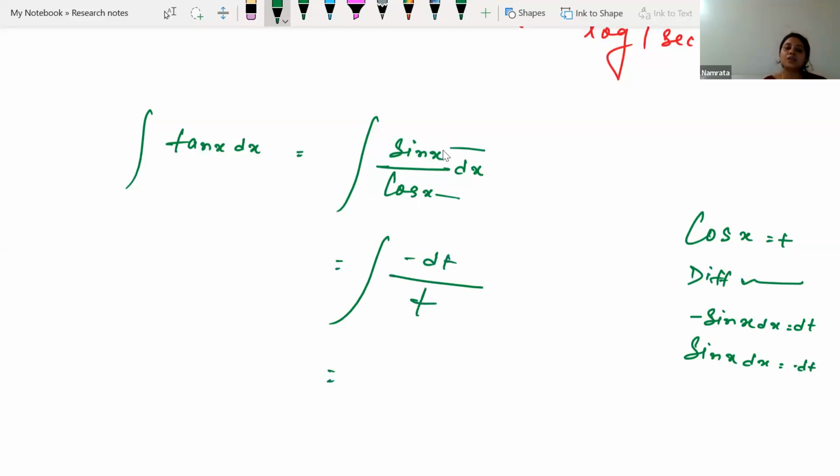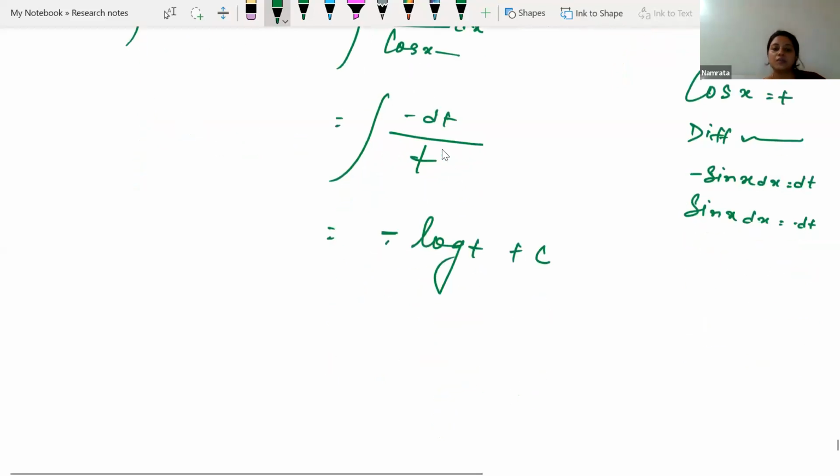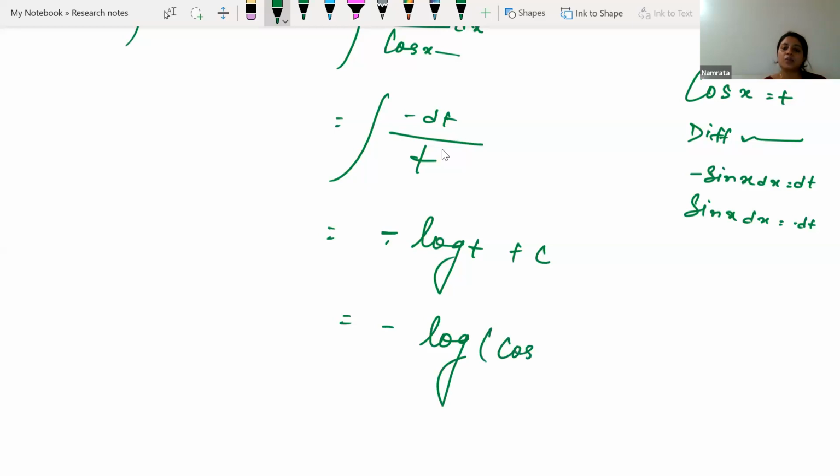And from here it came out as minus log of t plus c. And log of t will be log of cos x, so it came out as minus log of cos x plus c. But we have taken log of sec x.